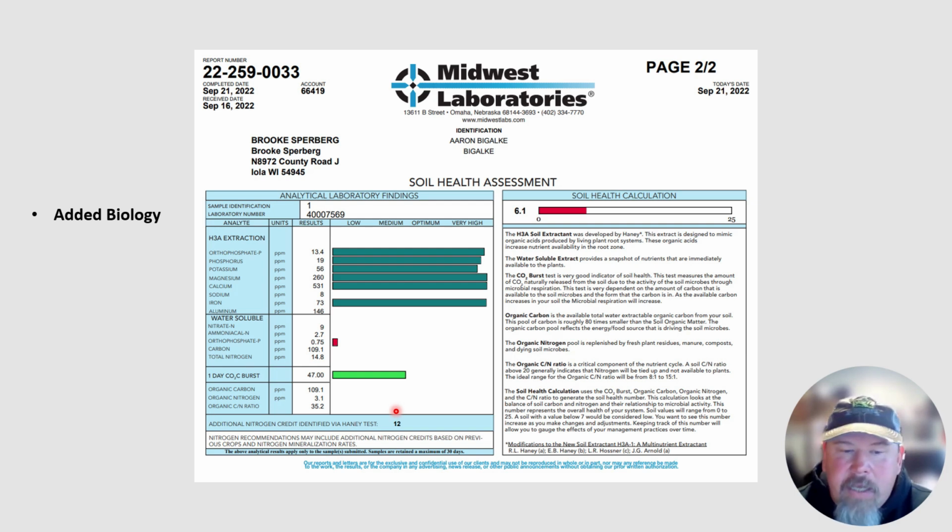And this was actually kind of interesting because I took this information, and that was a question that I posed to a gentleman at the lab. What he was able to share with me is that more than likely what's happening in my soil is, you have to remember that they take a bit of that soil that is dry, then they wet it, then they extract that CO2 burst.